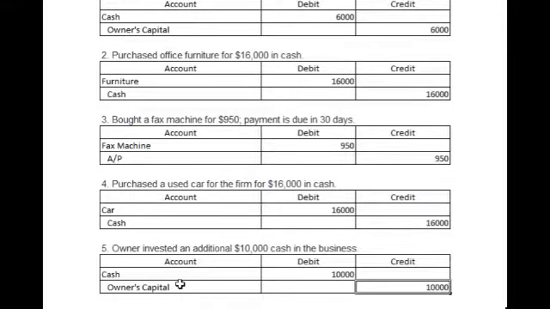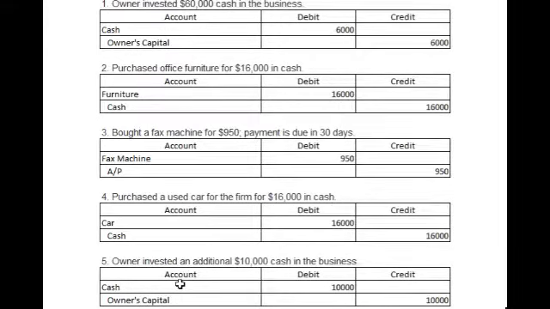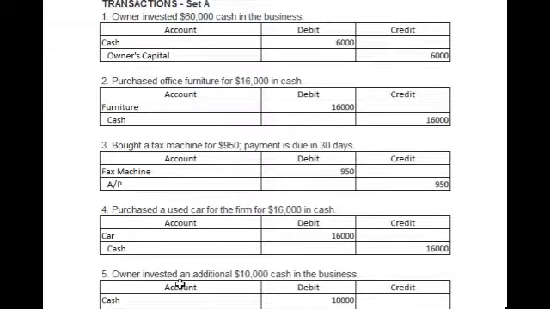Once you get familiar with this debit and credit rule, it is so cool because even without reading each transaction, you could just look at this debit and credit journal entry and you could tell a story. For example, without reading the transaction statement, we could see that the company's cash balance went up and the owner must have brought the money because owner's capital went up, right?